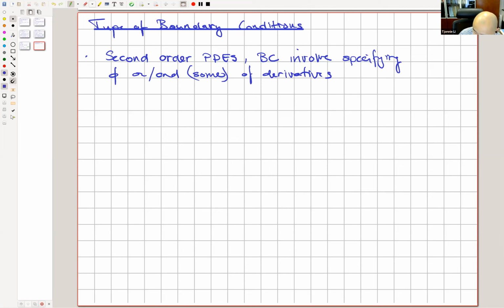Okay. And in particular, these are not all the types, but maybe these are common types.